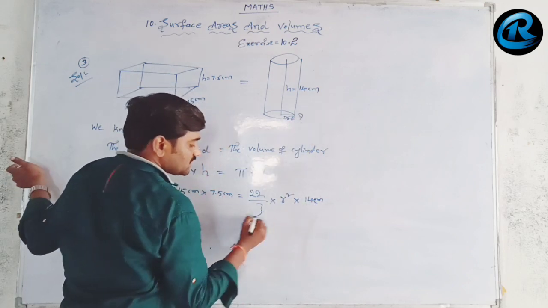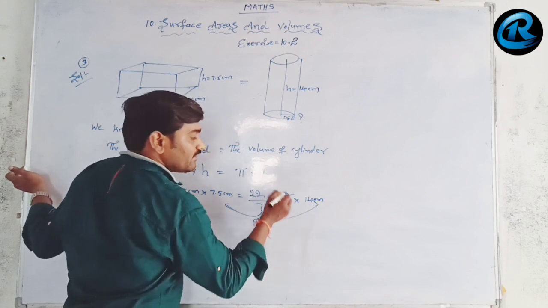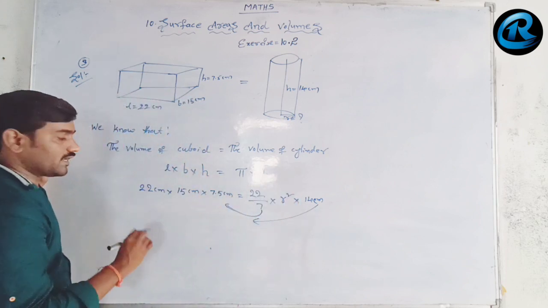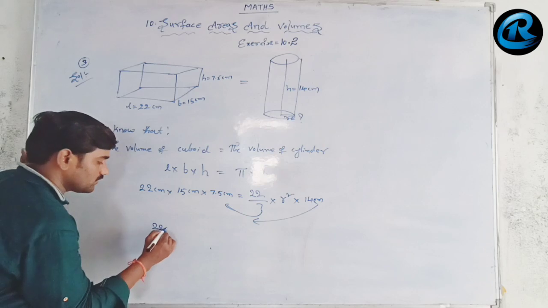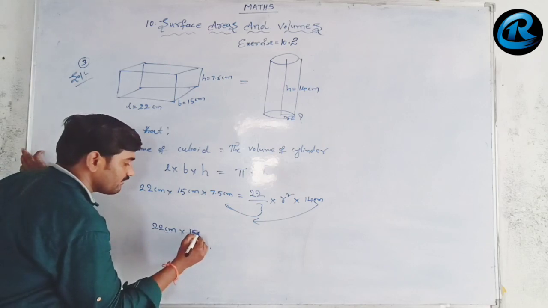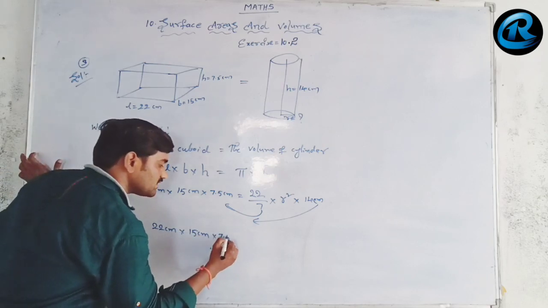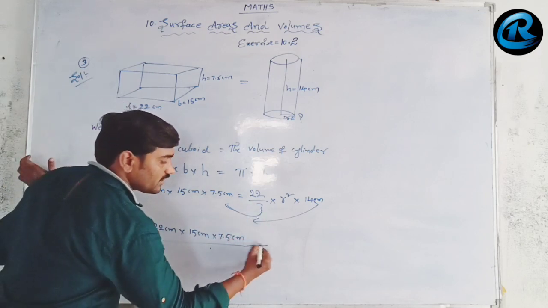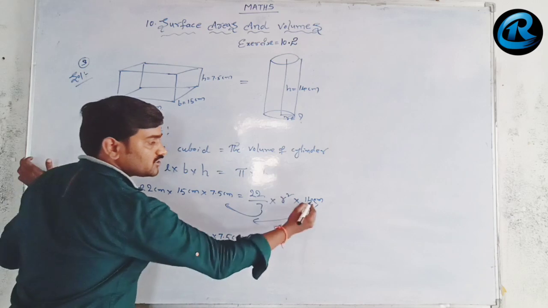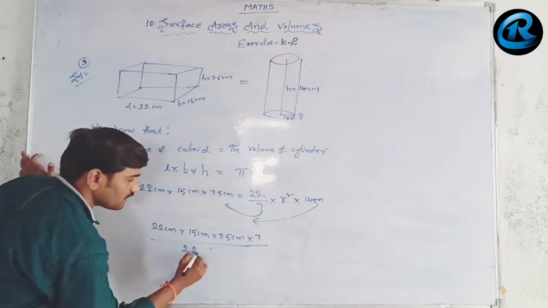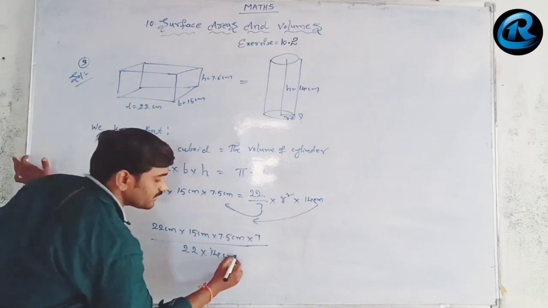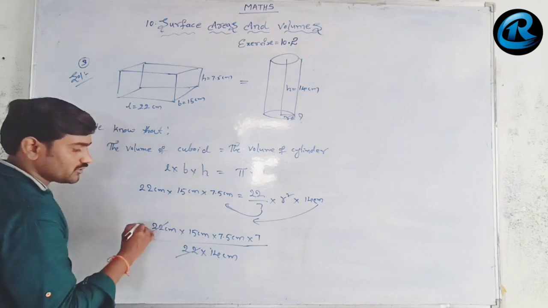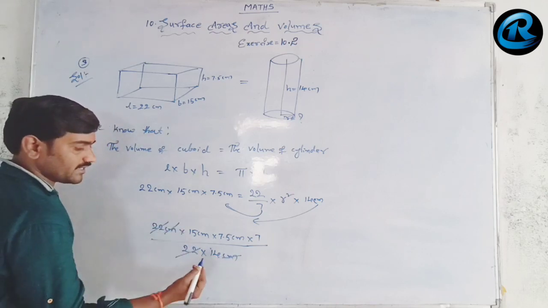So these things will transfer this side, and we make it r square. So 22 centimeters into 15 centimeters into 7.5 centimeters by, here 7 is divided, so it becomes multiplication, and these two multiplication terms will become a division. This 22 will get cancelled. This centimeter gets cancelled.